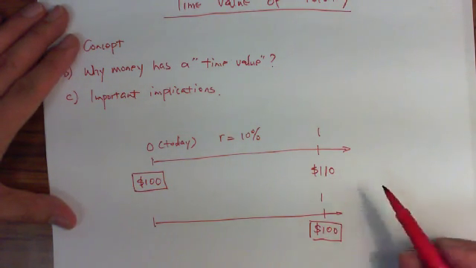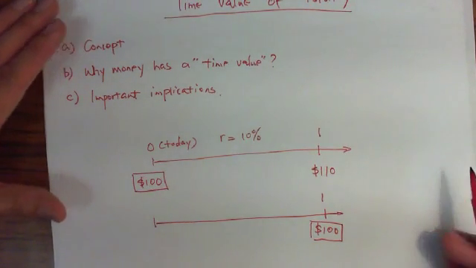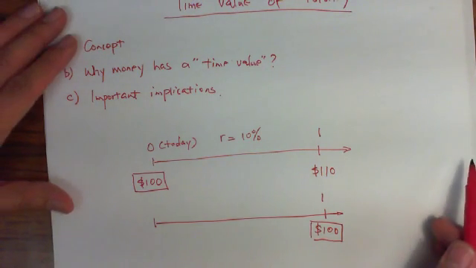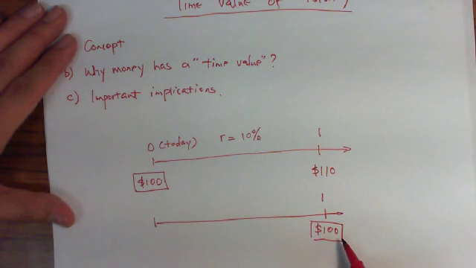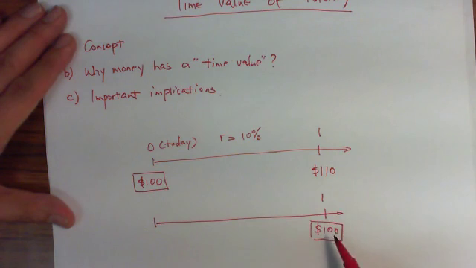That means we cannot simply directly compare amounts of money over time. For example, the dollar today is different from the same dollar at the end of the first period. Actually, the dollar today is more valuable than the same $1 in the future at the end of the first period.